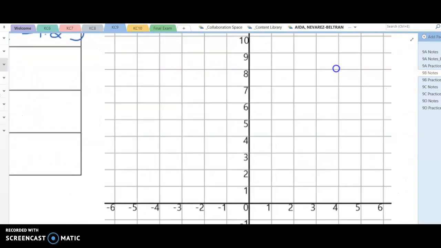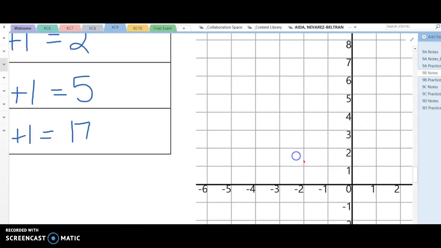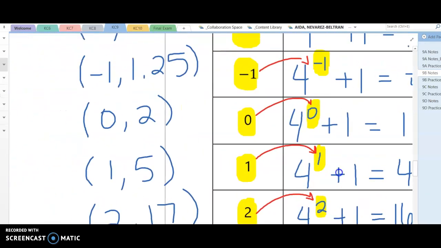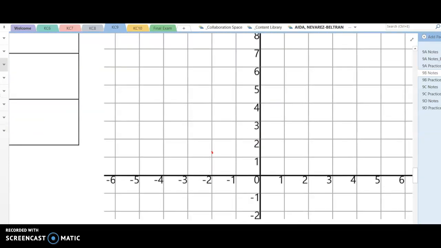So our first one, you go to an x of -2 and then a y of 1.0625, so something there. And then our next one was -1 and then 1.25, so pretty similar to that first one.